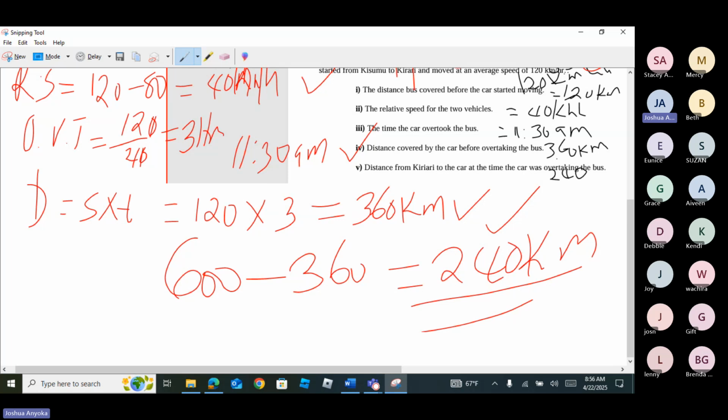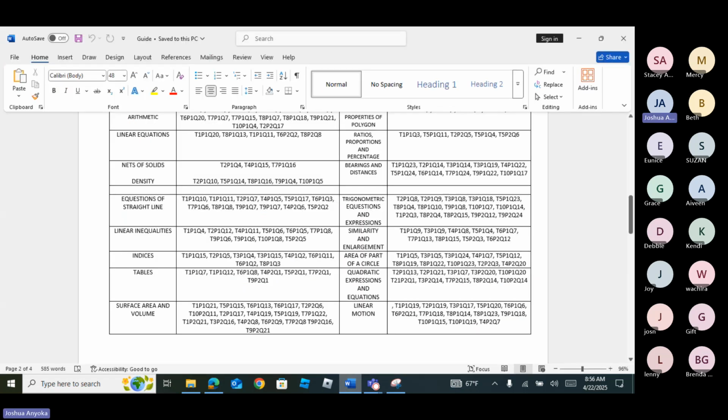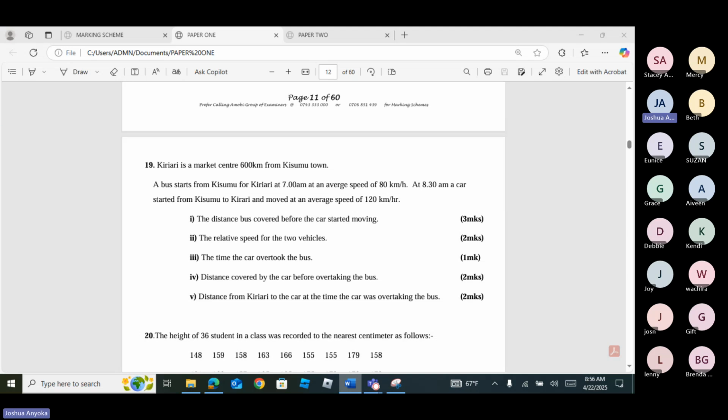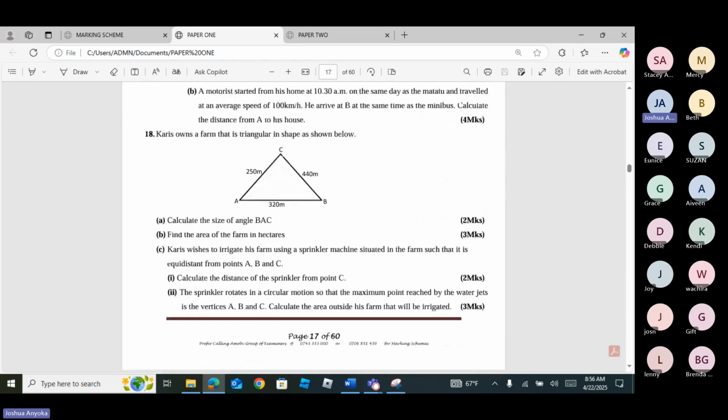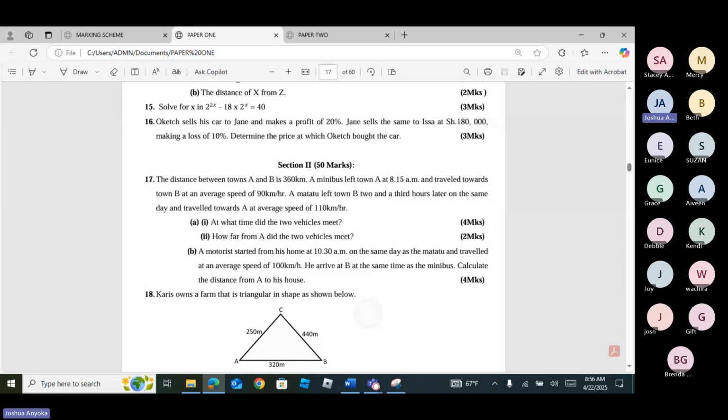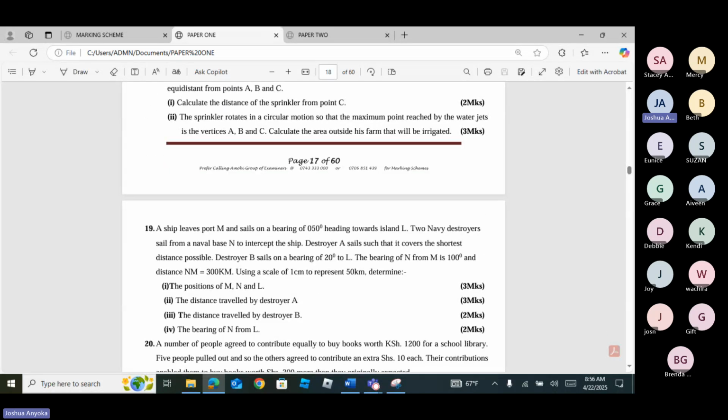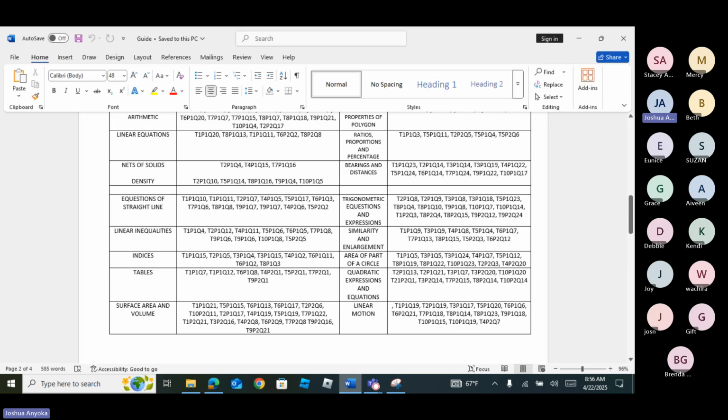Let us find one that is talking about the graph and see how we can deal with it. Let me check whether we can get one that's talking about the graph. Trial 3, paper 1, question 17. It's a replica of what we have worked out. Trial 5, paper 1, question 20.